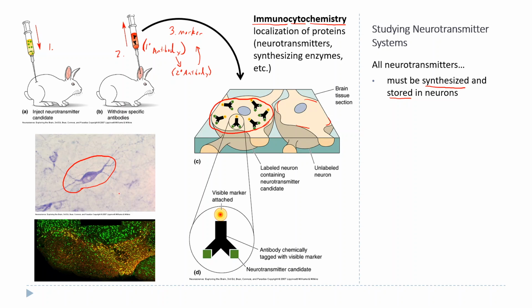And there's lots of tricks you can do with this. So down here, this is a picture that I took back in my research days. This is a piece of mouse brain that has been immunolabeled for two different proteins, one of which has a green fluorescent tag on it, one of which has a red fluorescent tag. And so what you see is some cells only label with the green tag, which means they have the protein in them that was specific for one antibody.